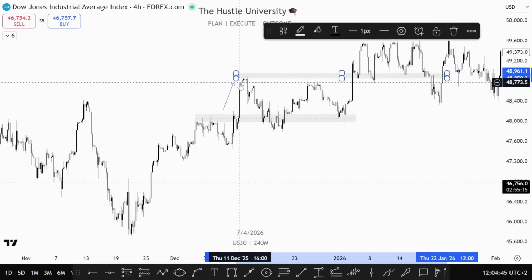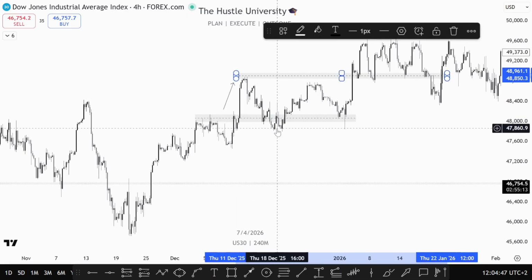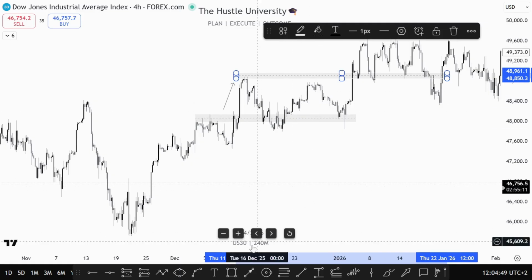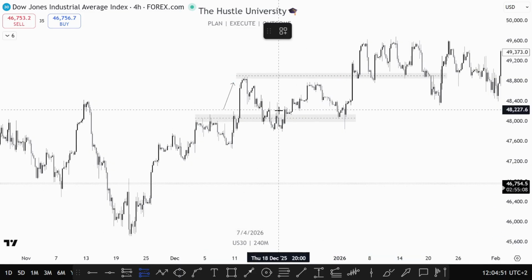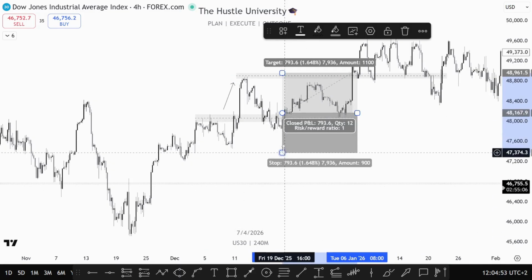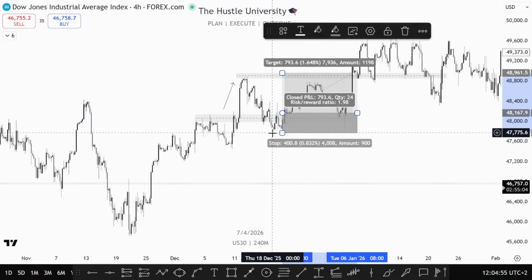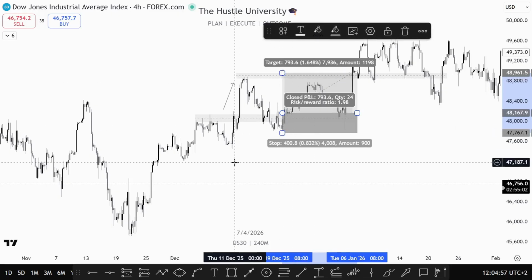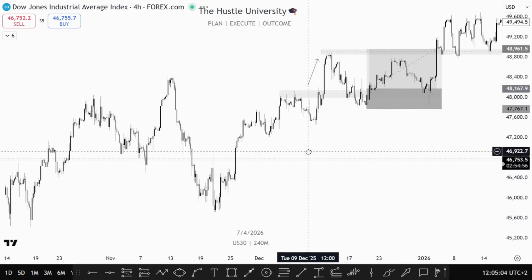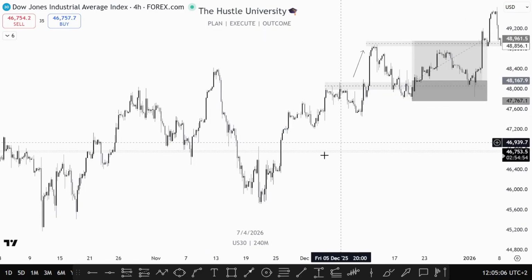Above this level of resistance, making it a level of support. Price comes down, and once price gets above this level, you could have easily bought price above this level. Stop loss just below the lows created over here, and then aiming for this level of resistance at the top, right? Basically, that's how you can always go about it.